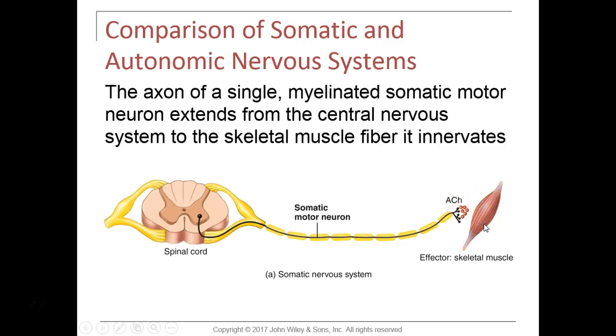But we're going to look in this chapter at the autonomic nervous system. Acetylcholine is not always excitatory. It depends on what type of receptor the effectors have. So, the somatic nervous system has one motor neuron that leaves the central nervous system and goes straight to its effector, which is skeletal muscle, and the neurotransmitter from that neuron is always acetylcholine.